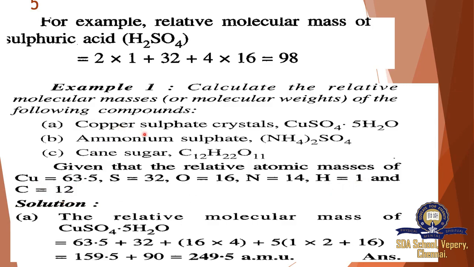The first sum is copper sulfate crystals, CuSO4·5H2O, which is nothing but blue vitriol.